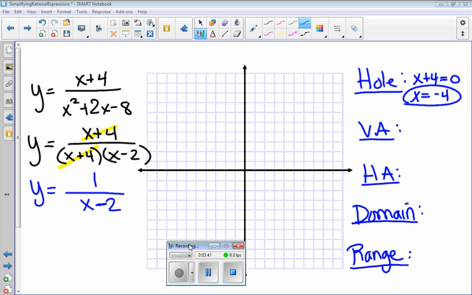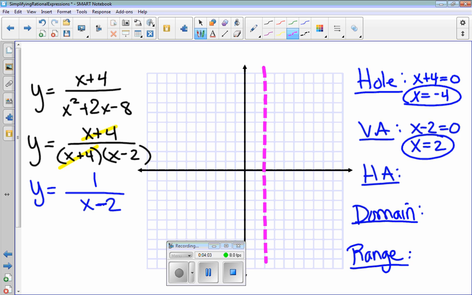What equal to 0? The denominator. Okay? So I'm going to take the x minus 2. Sometimes there's more than one thing still down there in factored form. Set each of the factors equal to 0. So the vertical asymptote is at positive 2. Okay? So if I wanted to, I could go ahead and draw in the vertical asymptote at positive 2. I know that's what's going to happen.